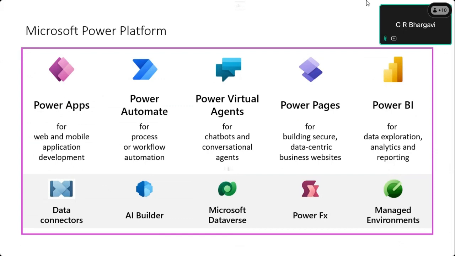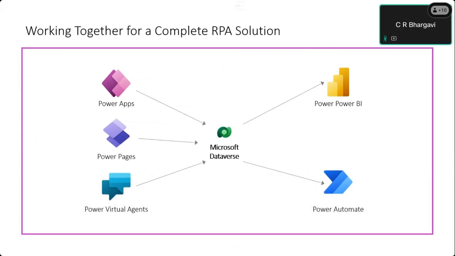So these are the things that are available under the Power Platform. And why do we need Power Automate? We need it when we want to build a complete RPA solution, RPA meaning robotic process automation. Say you have to get your invoice and get all the values generated, do some kind of action with those values, and then proceed it for approval.